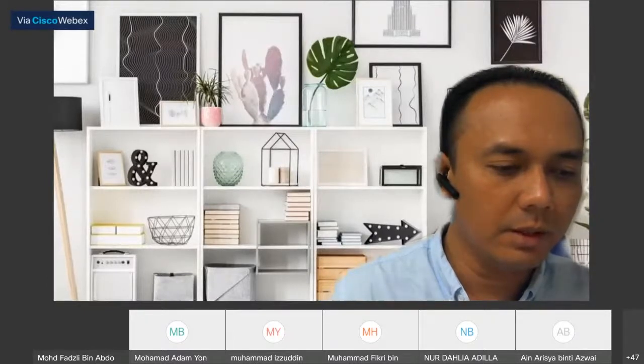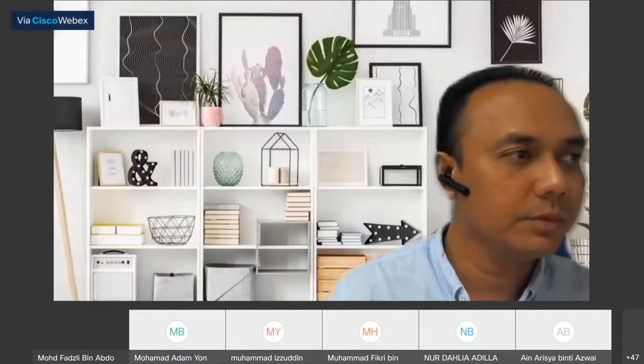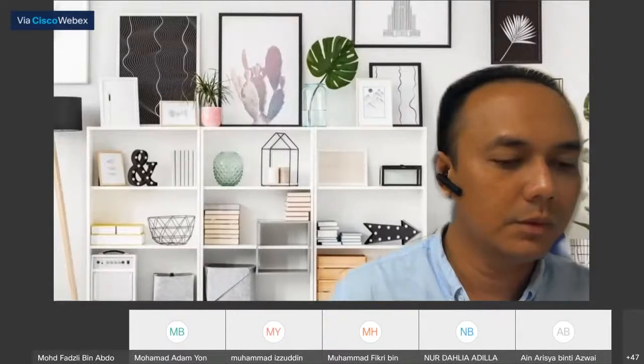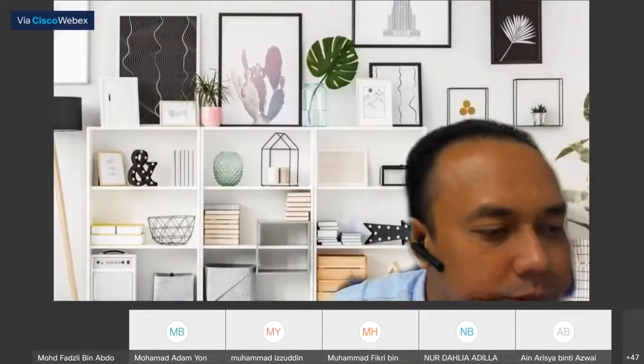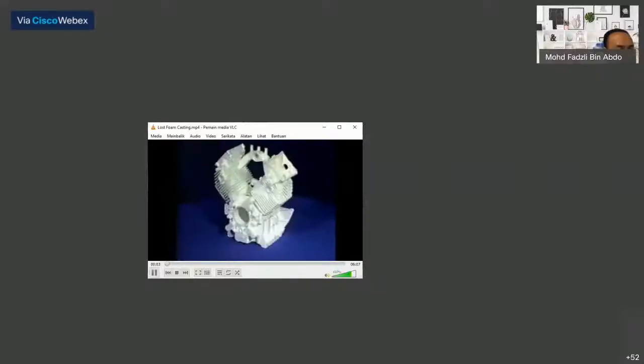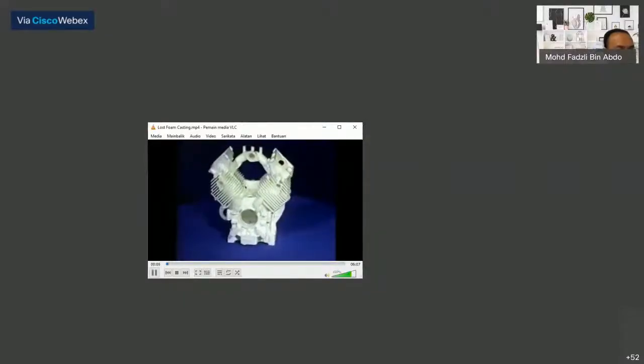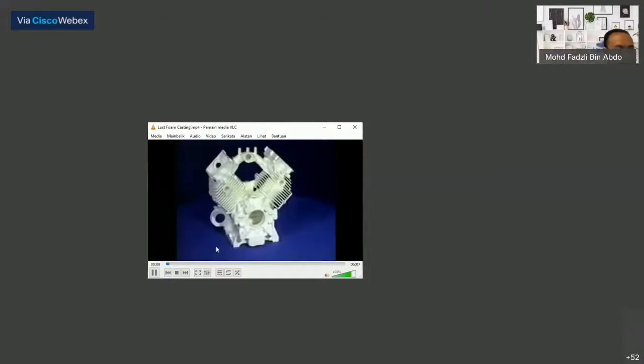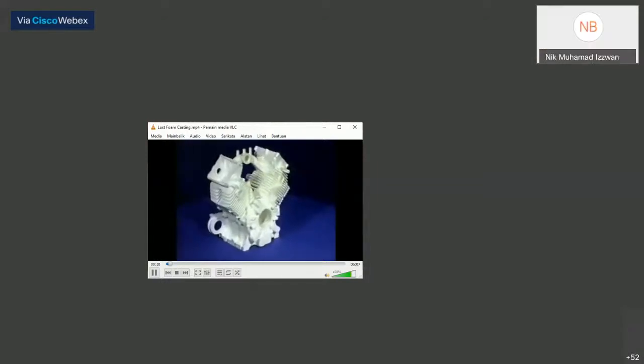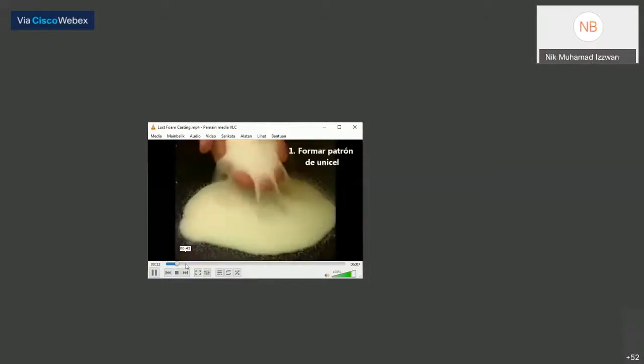Untuk lost foam casting. Okay, dengar suara tak? Suara dia dengar tak? Tak. Okay, tak ada suara tu kot. Dengar, doktor? Ada suara tak?